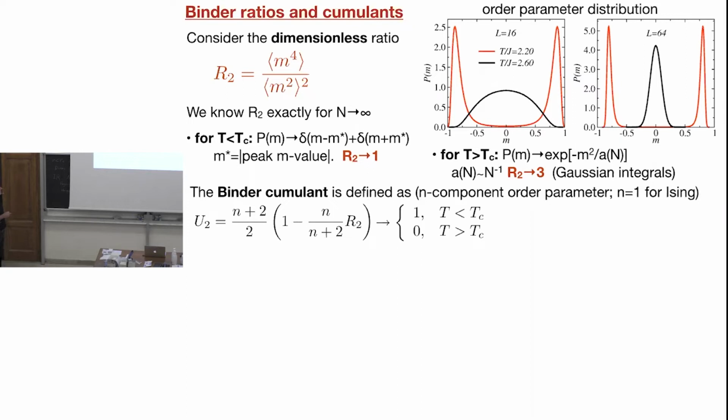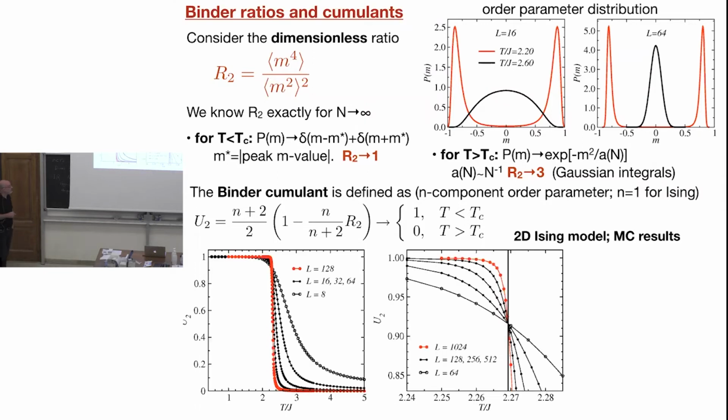Now you can do that more generally for an n-component order parameter, and what changes is that these Gaussian integrations will be in higher dimensions, so you will get different numbers there. To get this property that you get 0 in a disordered phase and 1 in an ordered phase, you should use constants like this, where n is the number of components, so n equals 1 for Ising.